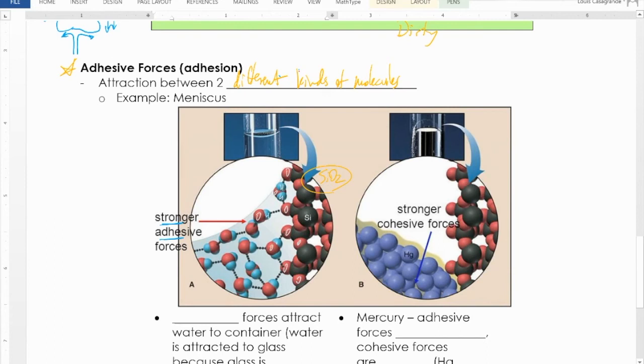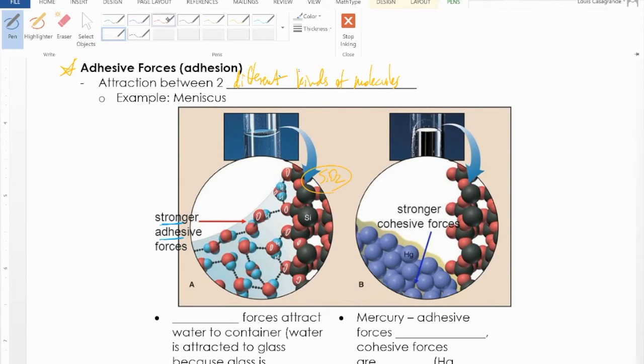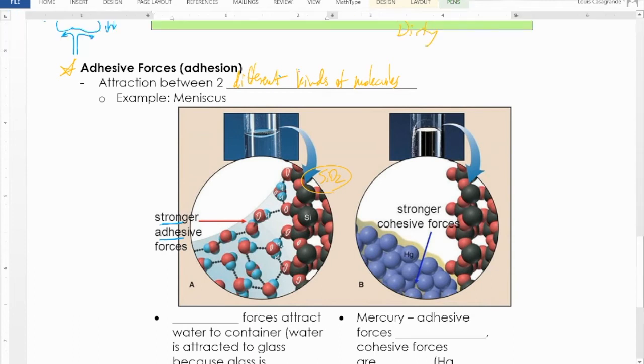Now, remember what we talked about the other day with hydrogen bonding. If we have hydrogen bonded to an oxygen, let me circle that. Let's use this color. So we have the hydrogen bonded to an oxygen, and then that hydrogen is attracted to the oxygen on the silicon.